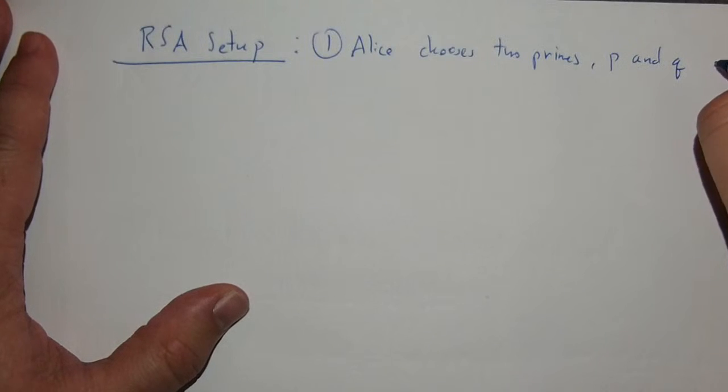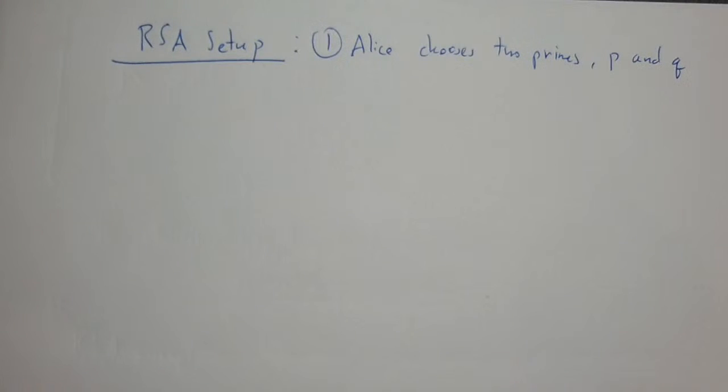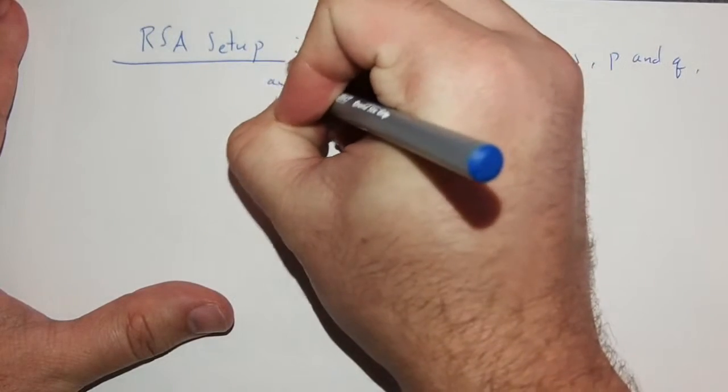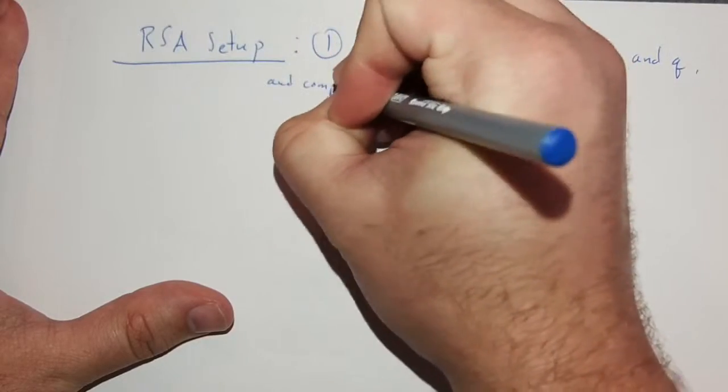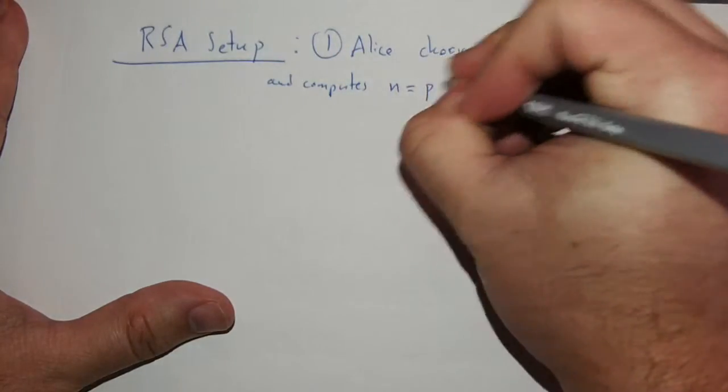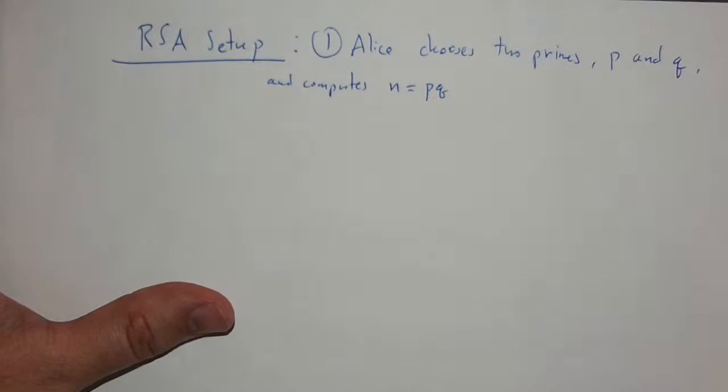For our handworked examples, they will obviously be smaller, just so that we can write out stuff without everything taking a really long time. But the idea is that these in general are going to be pretty big. And she computes N, which is P times Q.